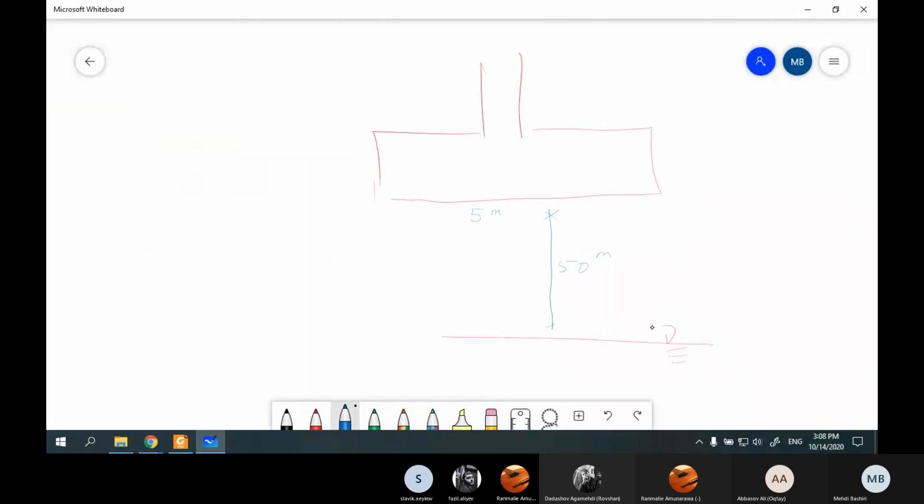But when, for example, the distance is 2.5 meters, or 1 meter, this water is close enough to the bottom level and will affect the behavior of this foundation. So this distance is important.